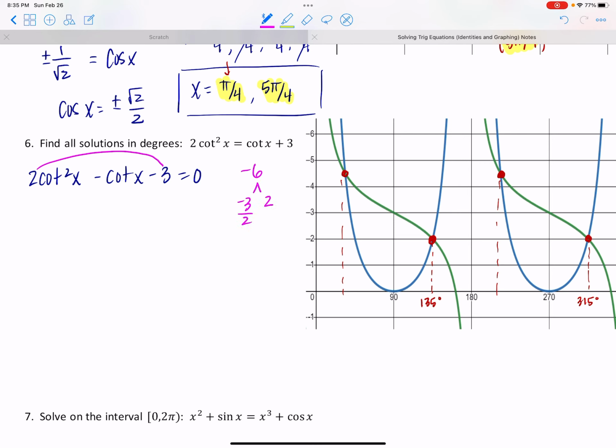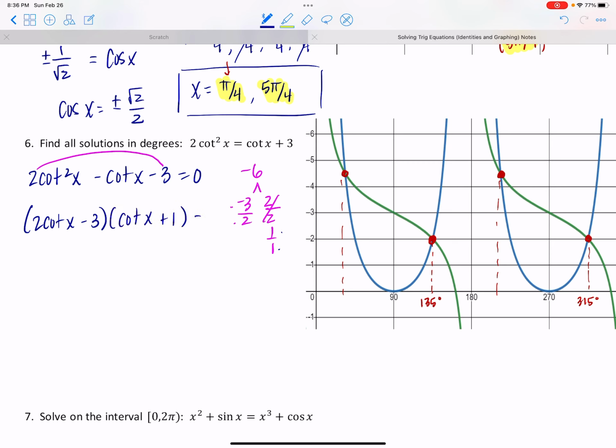Dividing by 2, and then reducing. Normally it would be 2x minus 3. This is going to be 2 cotangent of x minus 3. And then over here, normally 1x plus 1. This is going to be 1 cotangent of x plus 1.